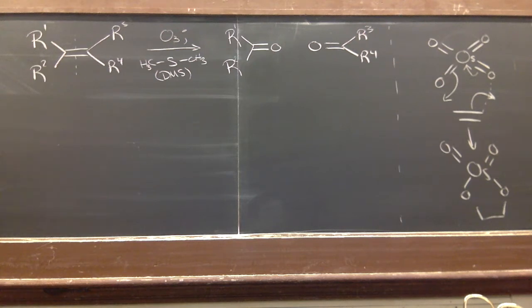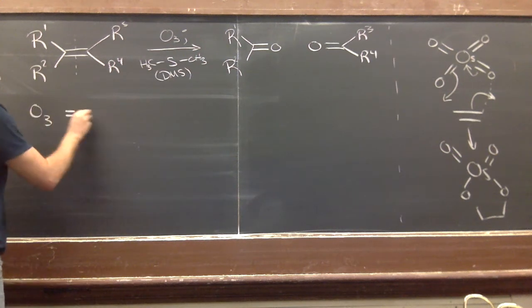Ozonolysis, if I were to ask you guys to draw ozone, on the first day of class, it may be a little bit more of a challenging molecule to draw. You might be tempted to, for example, draw it in a 3-membered ring, keep everything neutral, but in fact, ozone is what we call kind of zwitterionic, which means that it has a negative and a positive charge on it.